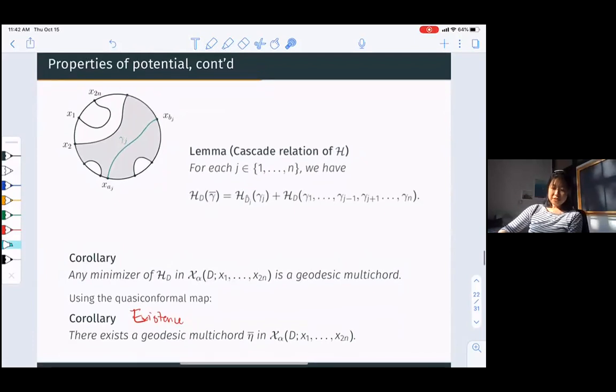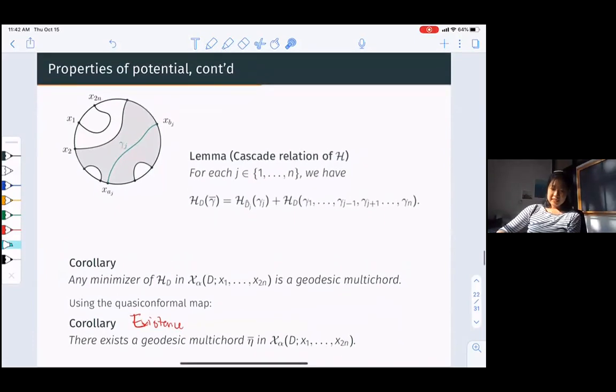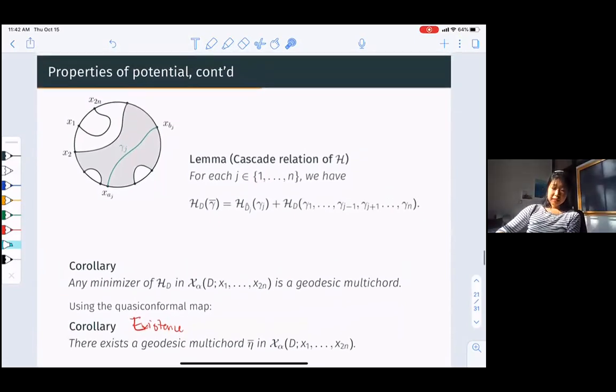And to show that this minimum is attained, the way that we prove it is to consider a minimizing sequence, and you have to show that you can extract a subsequence which converges to a limit, a limit which is a multichord with the Loewner potential equal to this minimum.